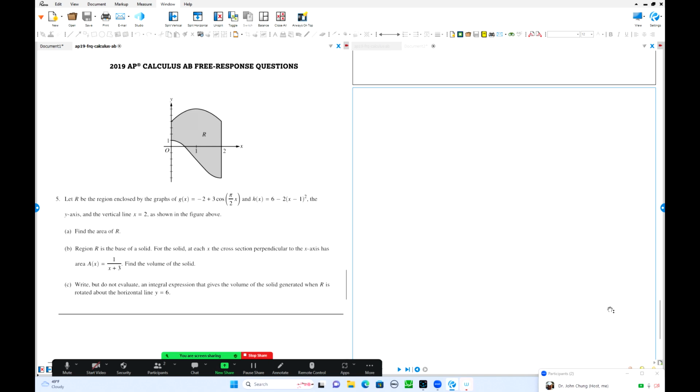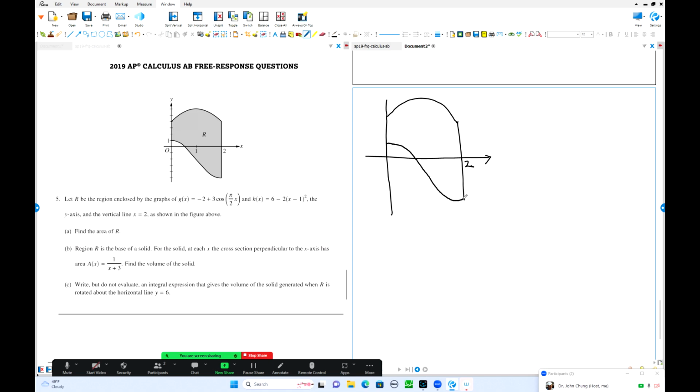All right. So this is the graph over here, up to 2, from here down. Which one is the top and the bottom? You can put x equals 0 there.